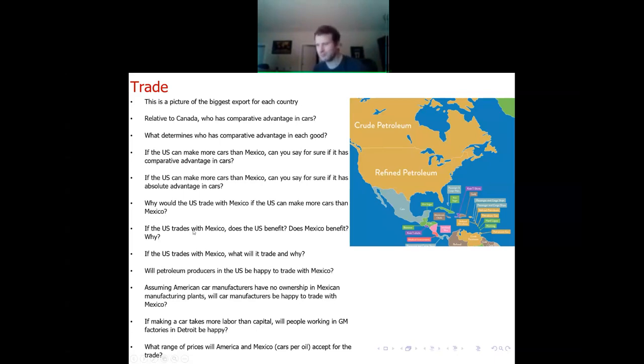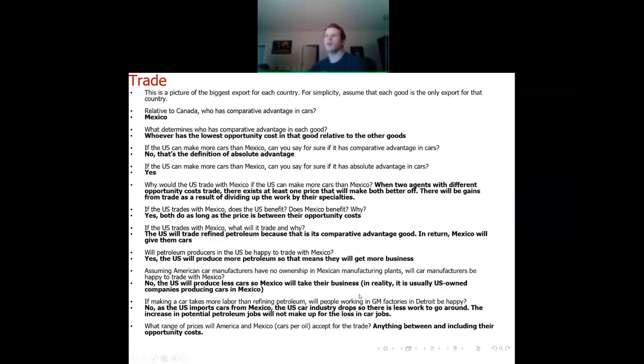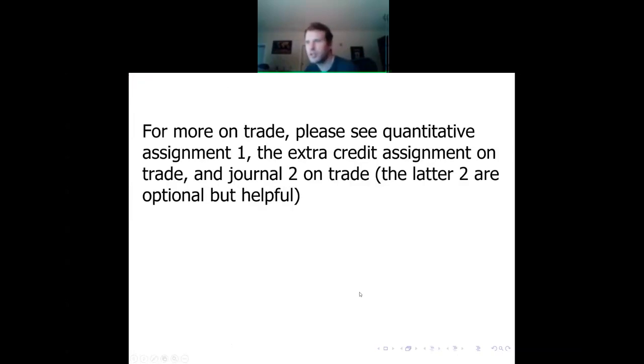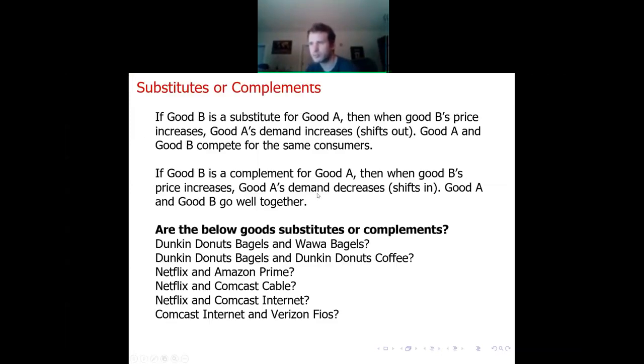That's all beyond the scope of this course. But you can say it's more efficient to trade, even if there's an equity trade-off, even if there's some sort of fairness trade-off. All right, so that's that. So for more on trade, look at quantitative assignment 1 again, the extra credit assignment in journal 2.